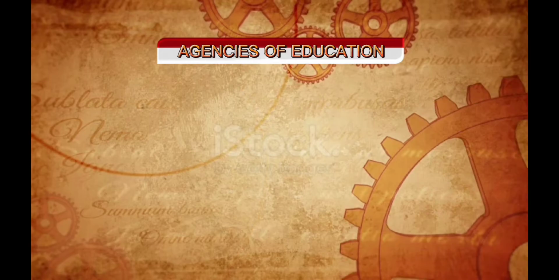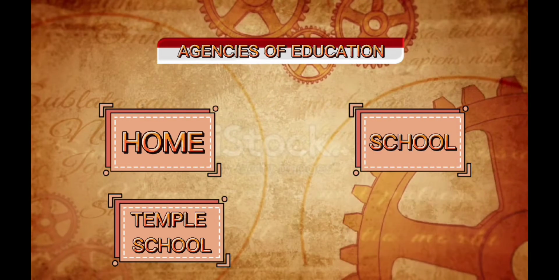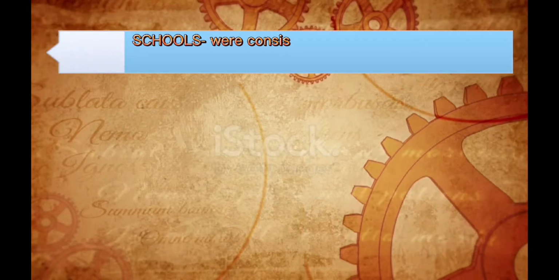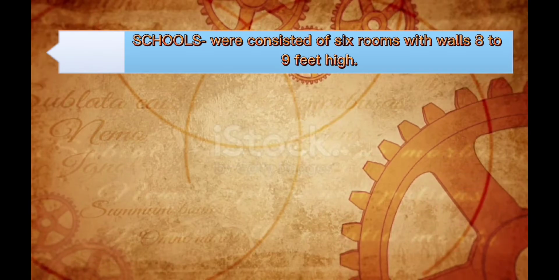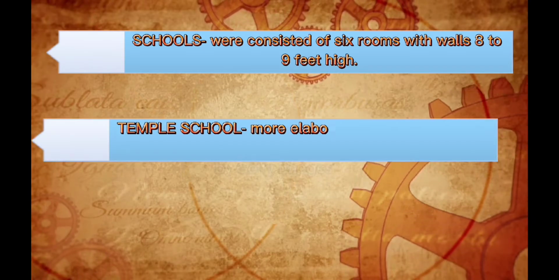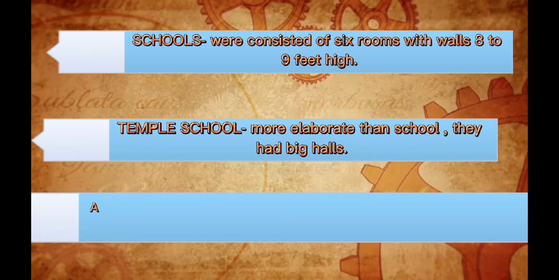Agencies of education: home, school, temple school, and apprentice schools. Schools consisted of 6 rooms with walls 8 to 9 feet high. Temple schools were more elaborate than schools. They had big halls.